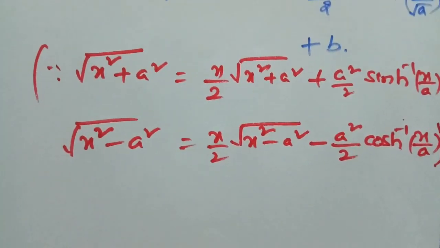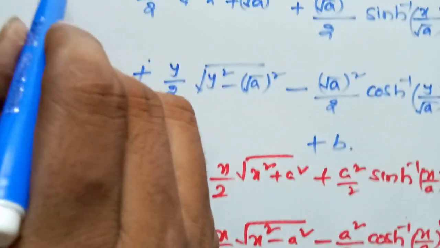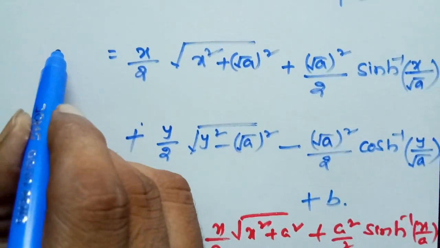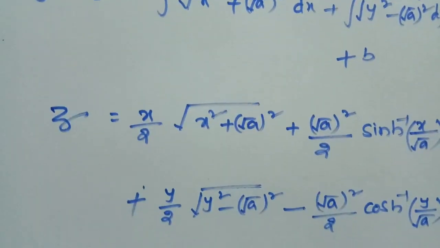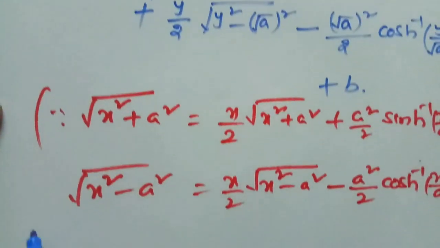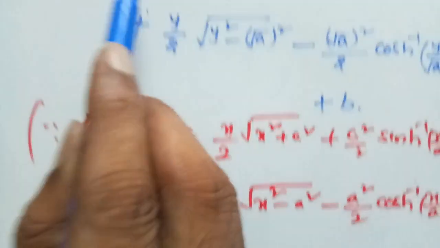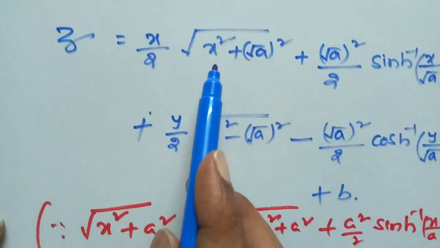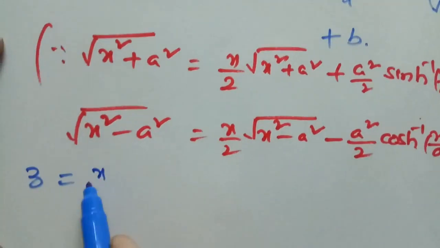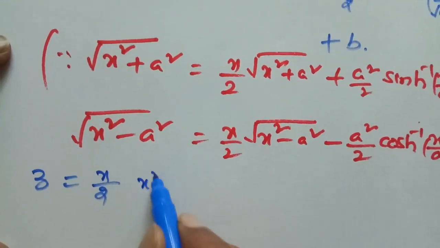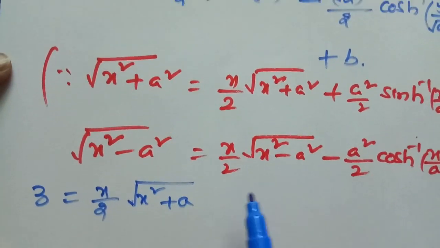Therefore, above solution becomes: left hand side is integration of 1 dz, that is z. Now this can be written as z is equal to, right hand side, x by 2 into root of x square plus a, since square root of a whole square becomes a.